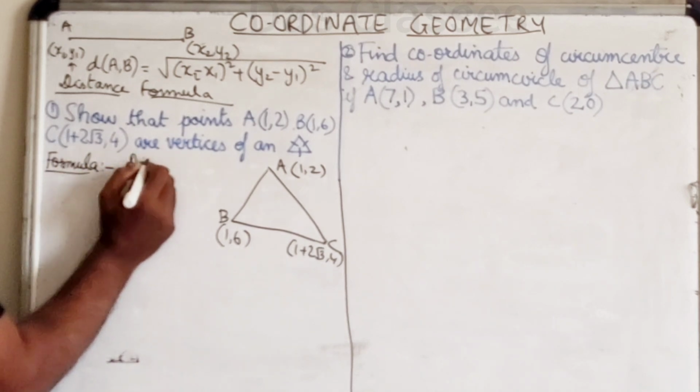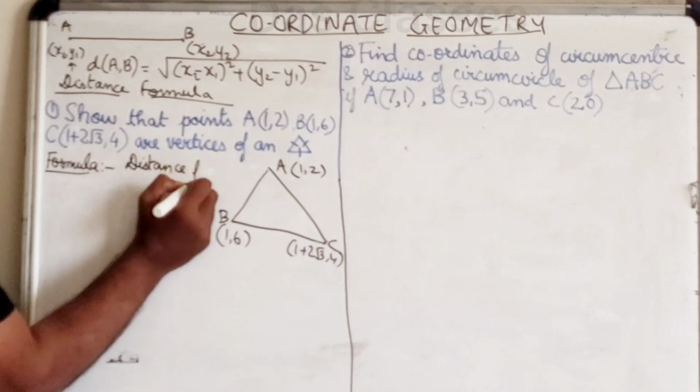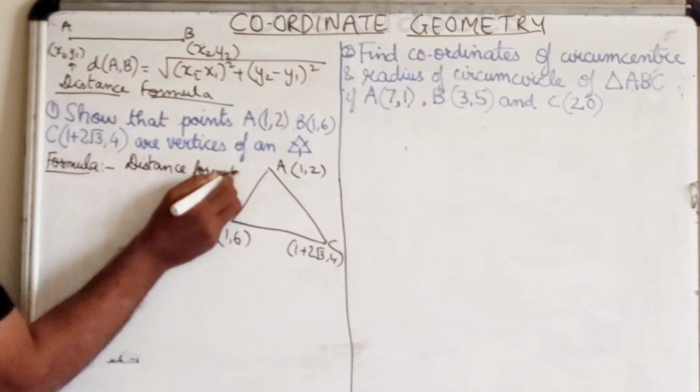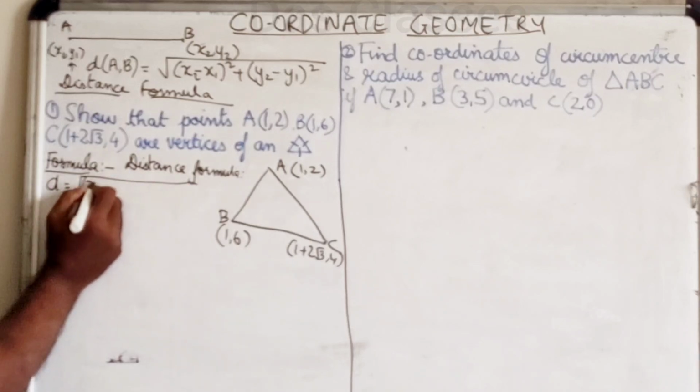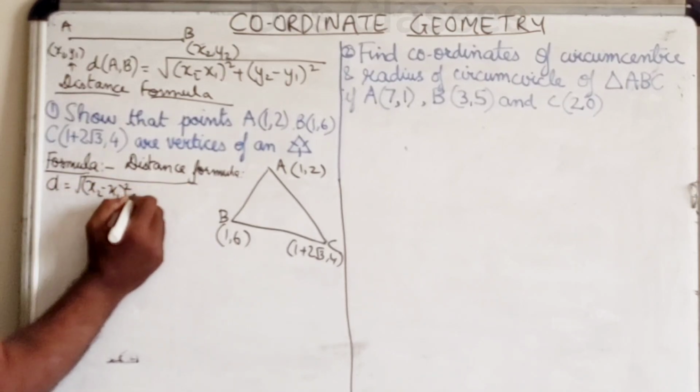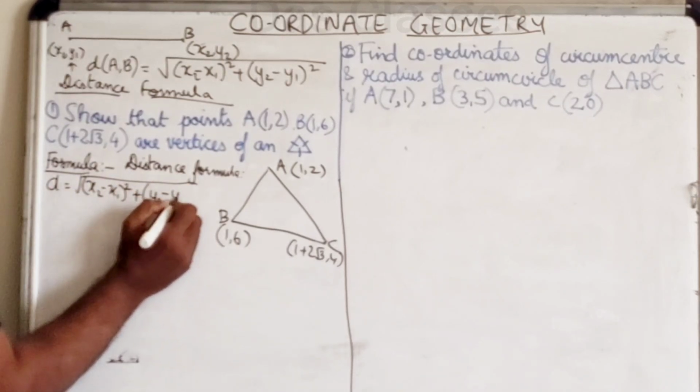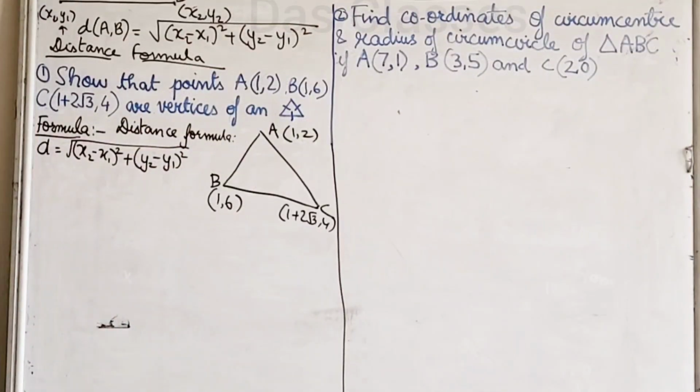Distance formula, I'll write it once more: distance is equal to root of x2 minus x1 square plus y2 minus y1 square. So let's find each of the lengths.